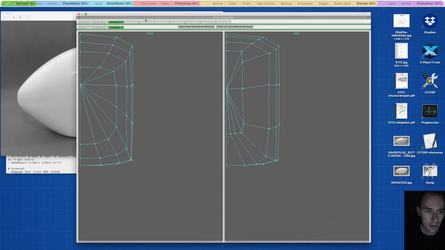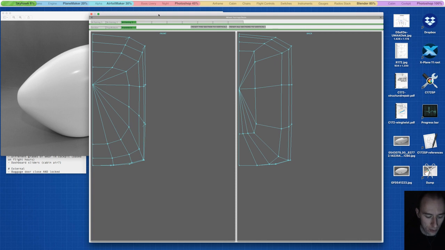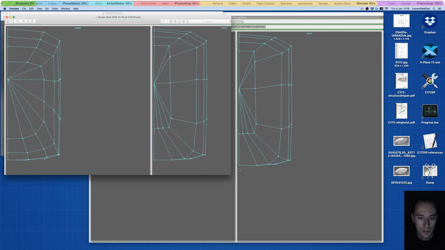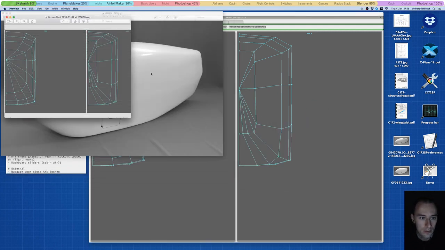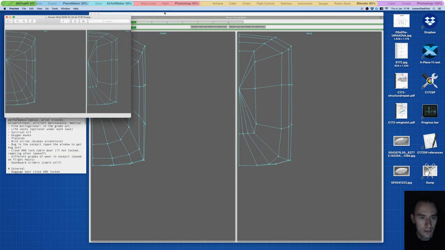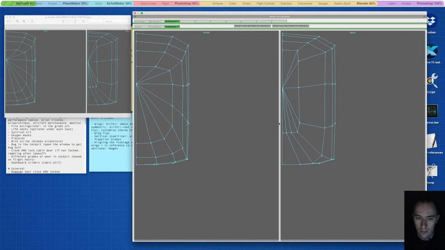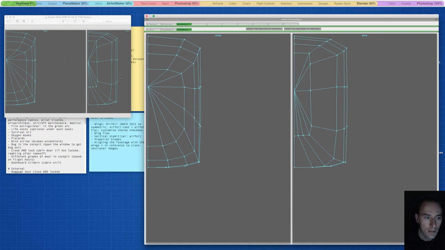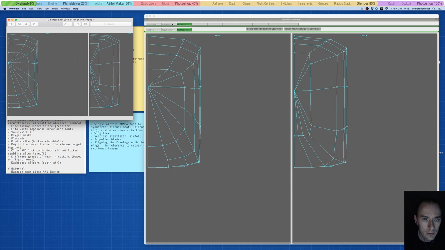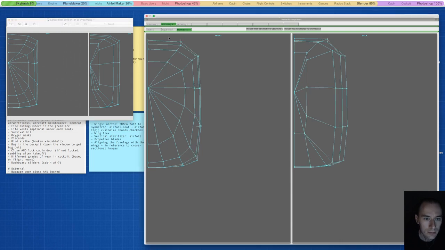Wheel fairing 3, Roger, like so. And let's just draw it over.